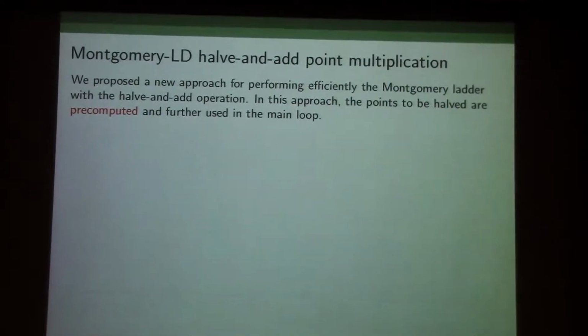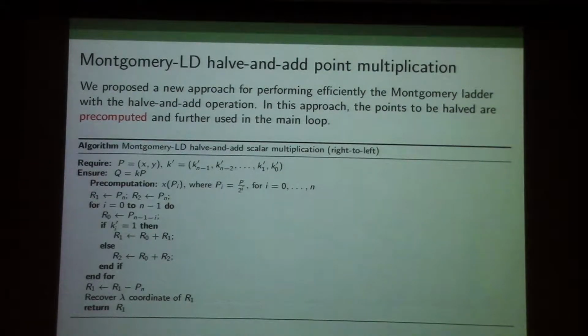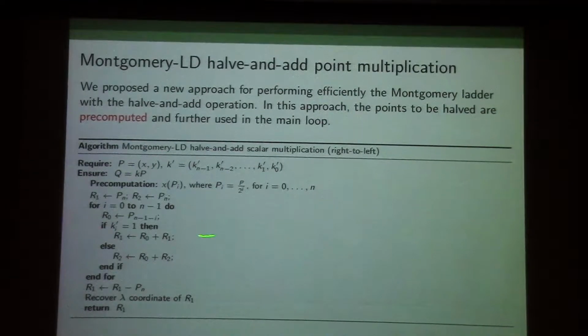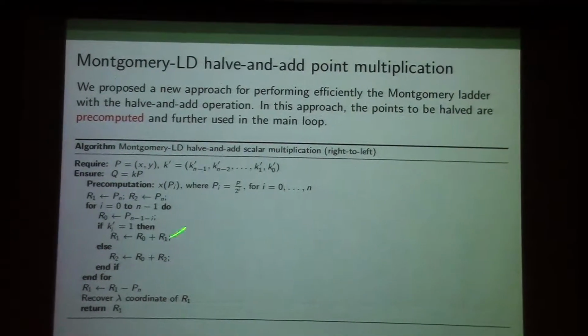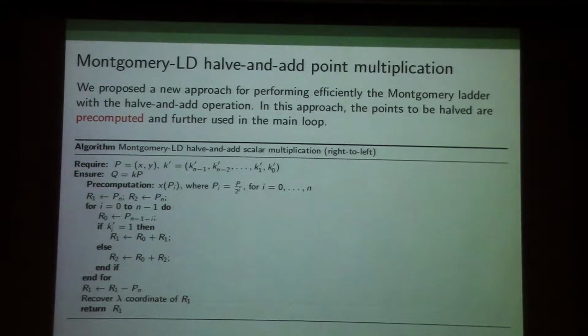And we wanted to use this point halving in this ladder because it's a very efficient point arithmetic. So we propose this algorithm. We pre-compute all the point halvings, and throughout this main loop of the Montgomery ladder, we simulate that we are doubling the points. But instead of doubling, we just go to the memory and find the point that we want, and we go throughout this main loop.